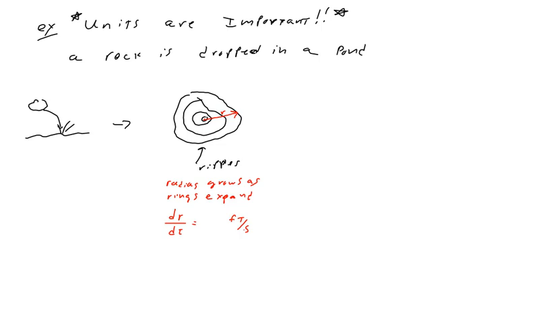Something that's changing is the rings are growing, and the radius of the rings is shooting outward as the rings expand, right? And this is why derivatives are a calculation of change. Derivatives help us to calculate change.